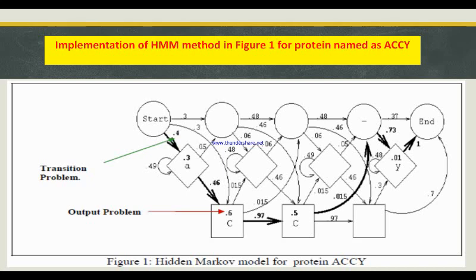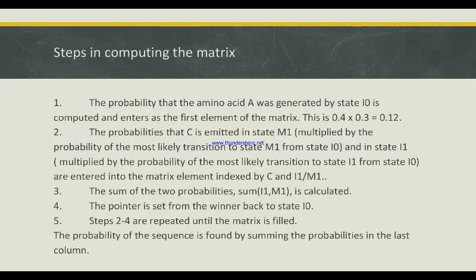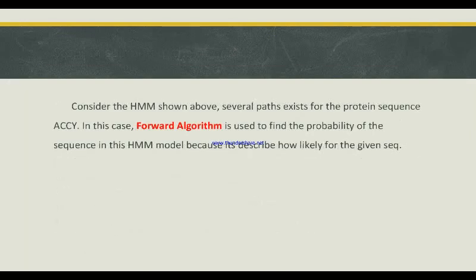And do you know what algorithm is used in HMM here? For this HMM, it uses the forward algorithm. Why do I say that it uses the forward algorithm? Because it is used to find the probability of the sequence in this HMM model, because it describes how likely the given sequence is.